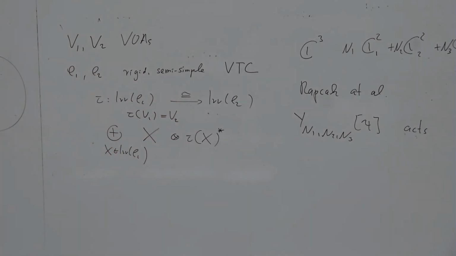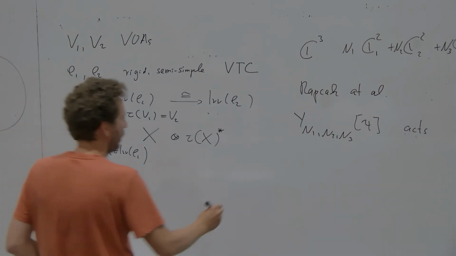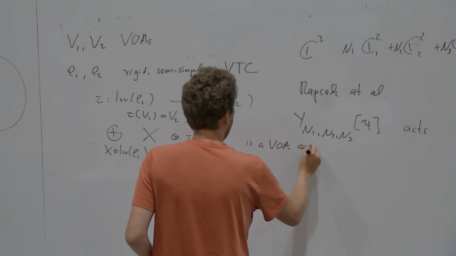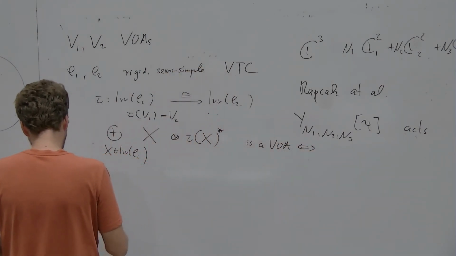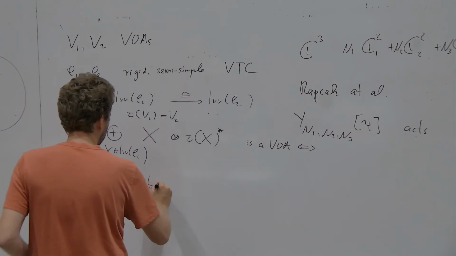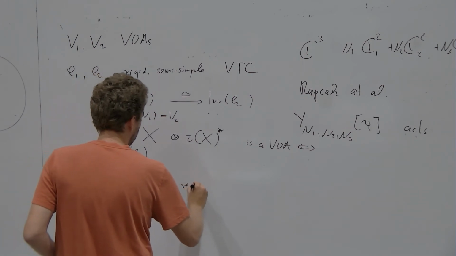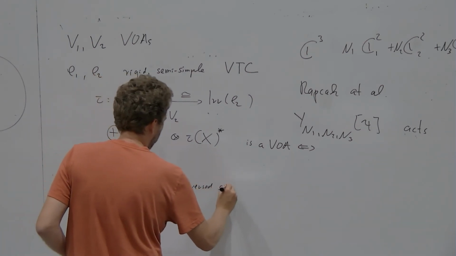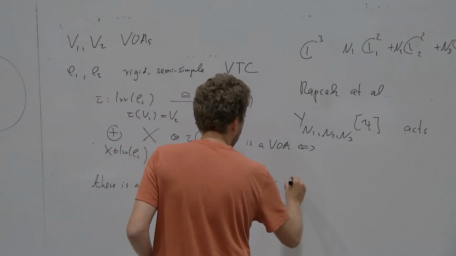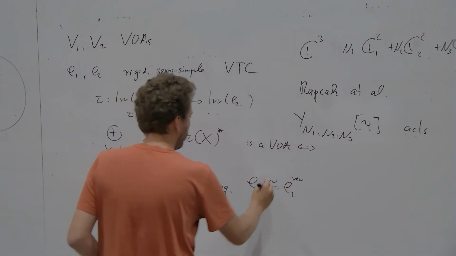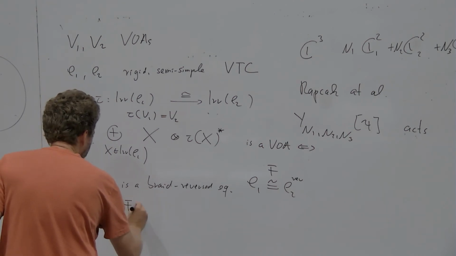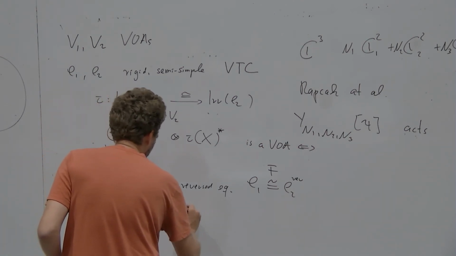And under these 2 conditions, this thing is a VOA itself if and only if there's a braid-reversed equivalence C1 equivalent to C2 with the opposite choice of braiding, let's call this equivalence F, such that F is equal to tau on the irreducible objects.